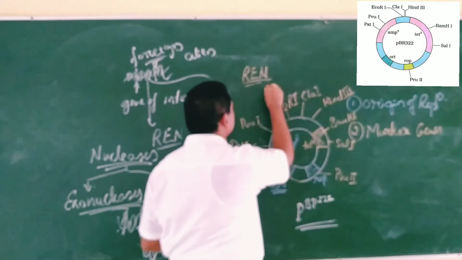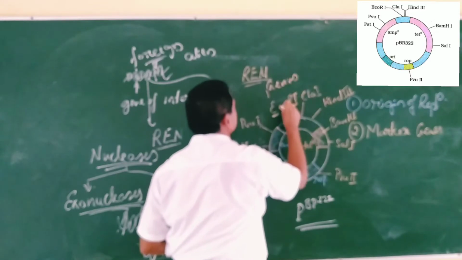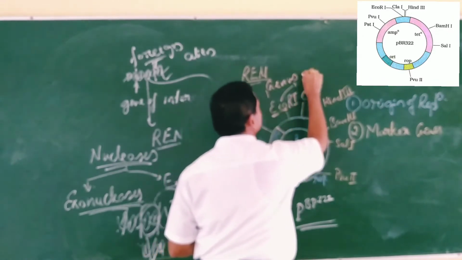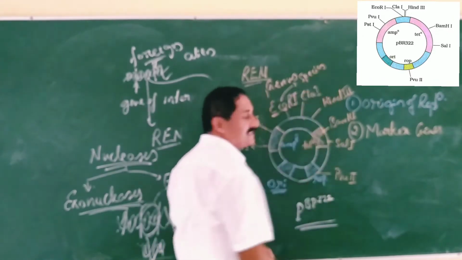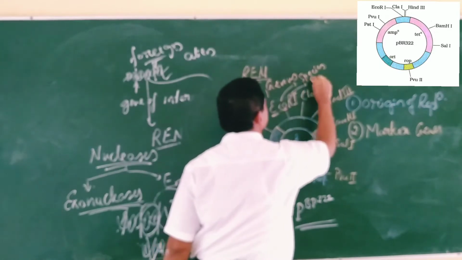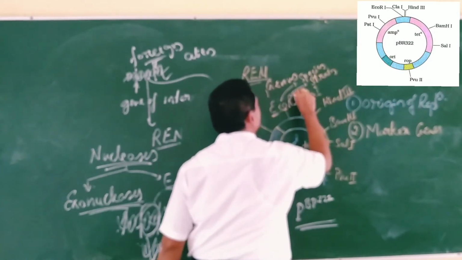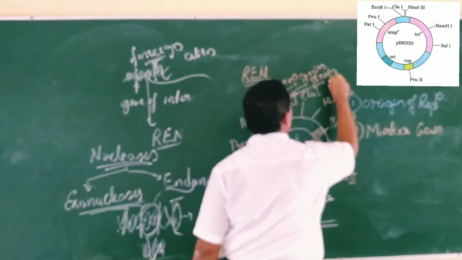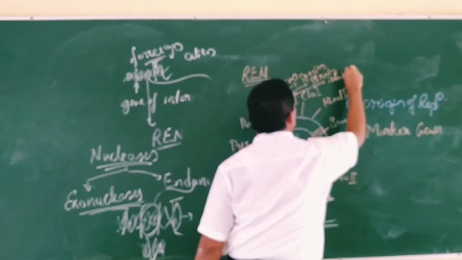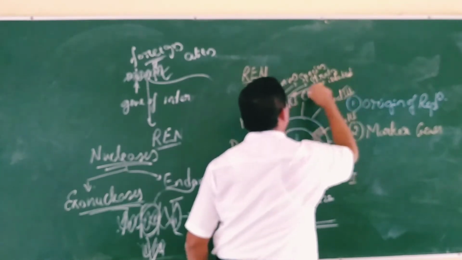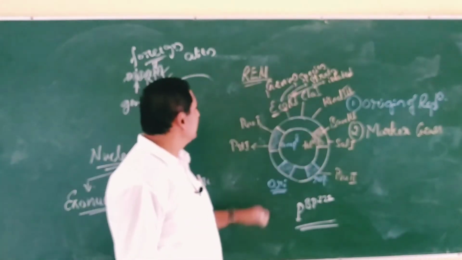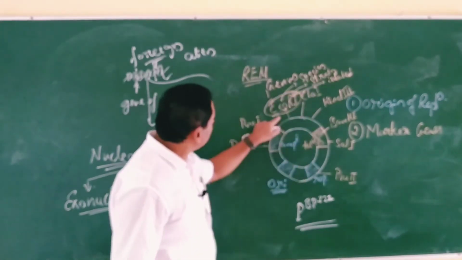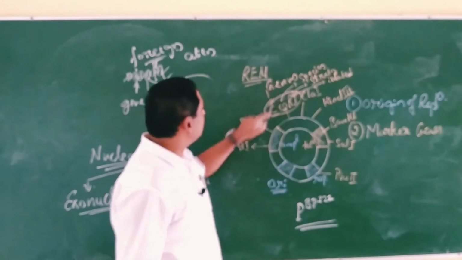The next two letters indicate the name of the species. The third letter indicates the bacterial strain, and the fourth, the Roman numeral, indicates the order in which the enzyme was isolated. So for the REN EcoRI, the first letter E stands for the genus Escherichia.